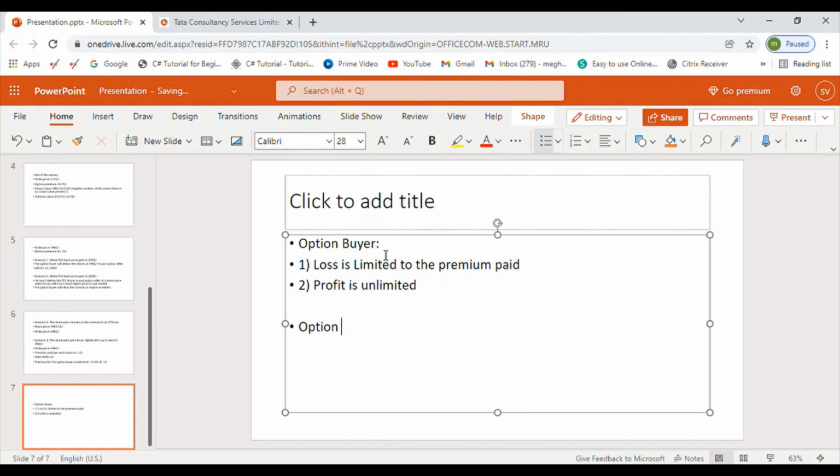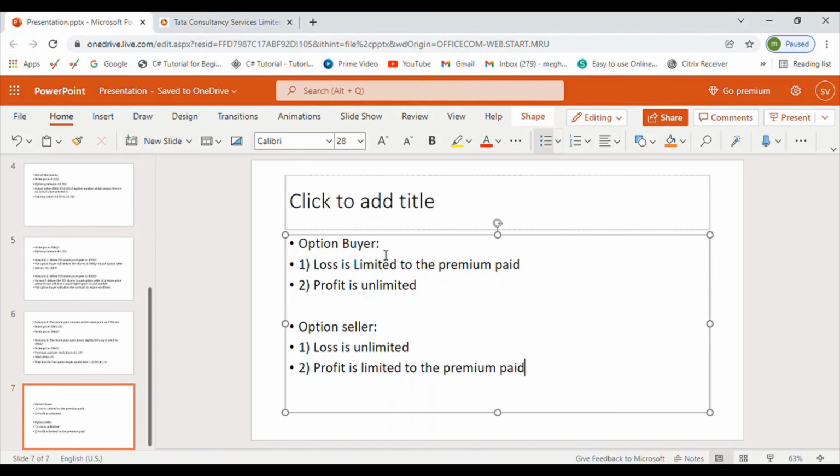In case of the option seller, loss is unlimited, whereas profit is limited to the premium received. So please keep these things in mind and choose a better position when you want to trade, because for buyers the loss is limited and the profit is unlimited. For sellers it is vice versa: loss is unlimited whereas profit is limited.